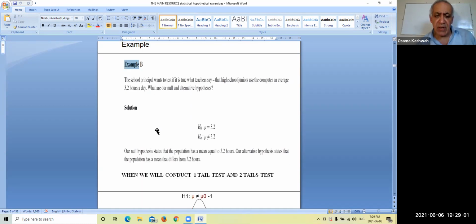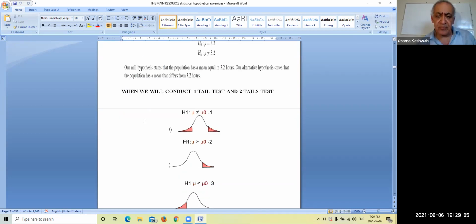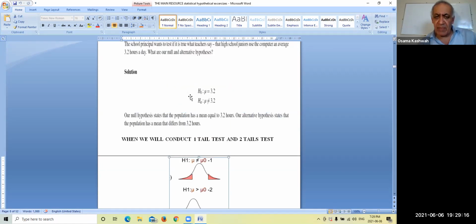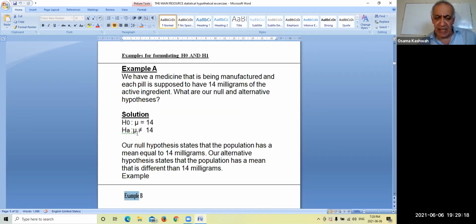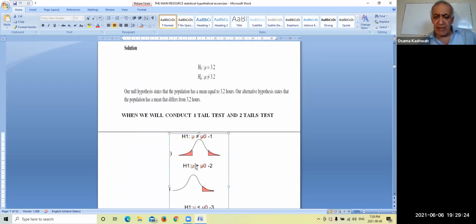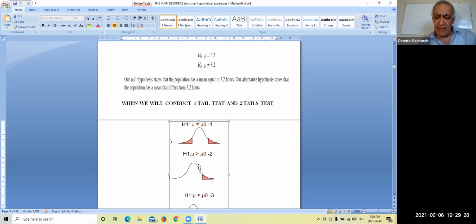Also, I put some other examples here, showing the tails, one-tail test and two-tail test, explained here in detail. Based on what we have in the alternate hypothesis, if it is unequal, then it's two parts.